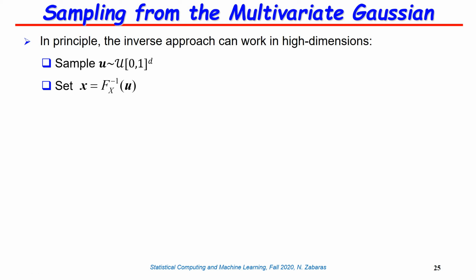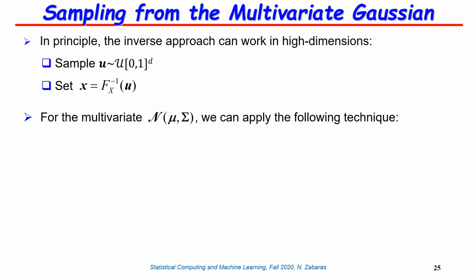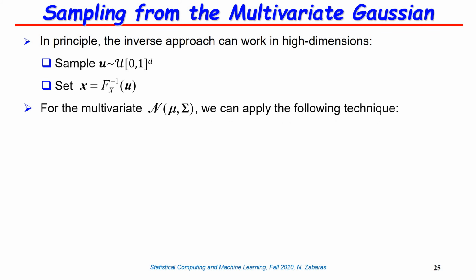But actually, before I do this, let me generalize for a second and tell you how you can use univariate samples from the univariate Gaussian to generate samples for the multivariate Gaussian. Let's get that out of the way, and then I will show you the plots for the bivariate Gaussian density.